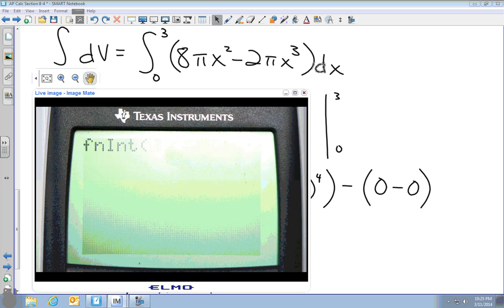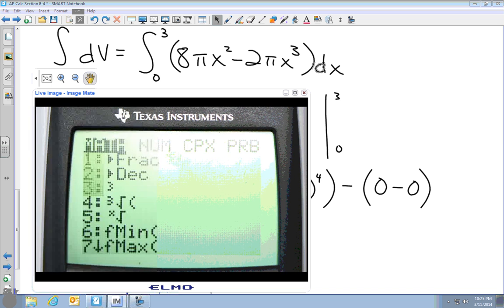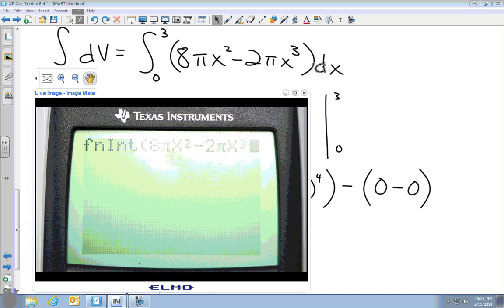And then punch in our equation, which is 8 pi times x to the 2nd power minus 2 pi times x to the 3rd power. And our variable is x, that's the second parameter. And then our lower bound is 0, and our upper bound is 3. Those are the 4 parameters we have to specify there. And we can let it crunch a solution there for us.